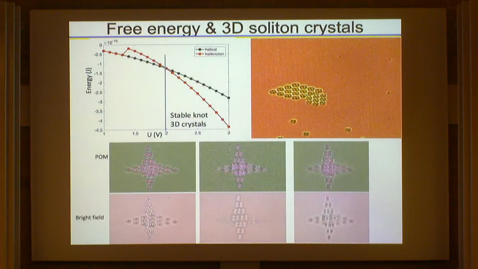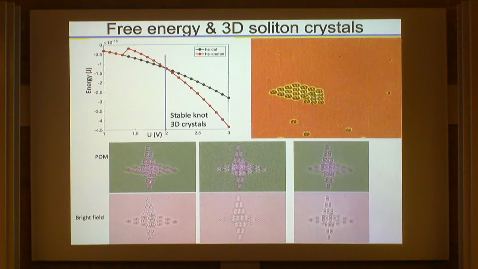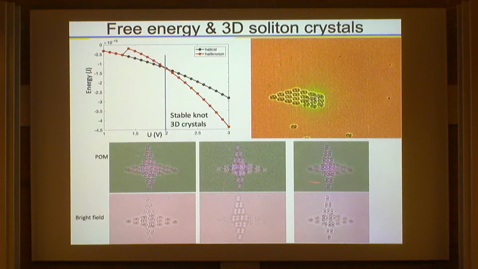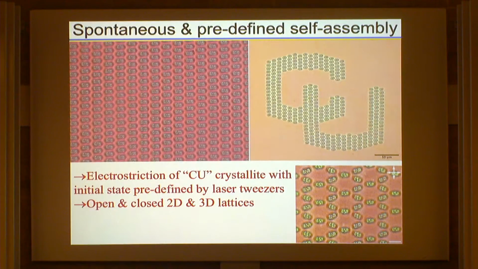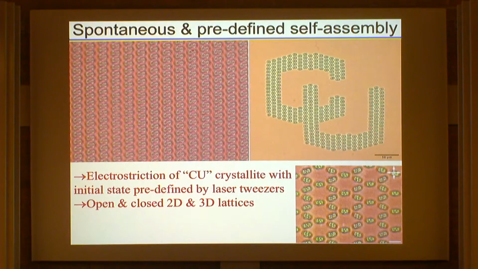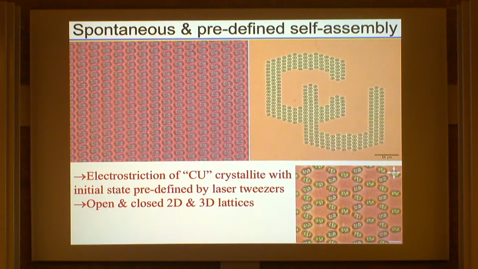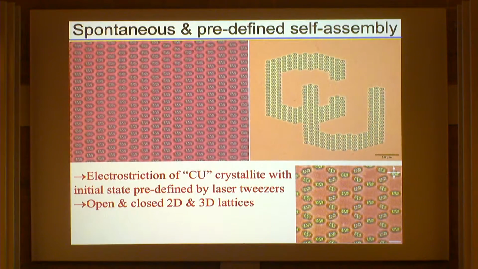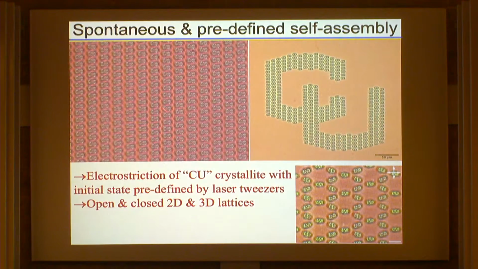And so those are some other examples that we demonstrate using polarizing optical microscopy and bright field imaging, showing that the self-assembly is truly three-dimensional in nature, and we have these different types of electrostriction and reconfigurable assembly of such solitonic structures, where we can have both open and closed crystal lattices.